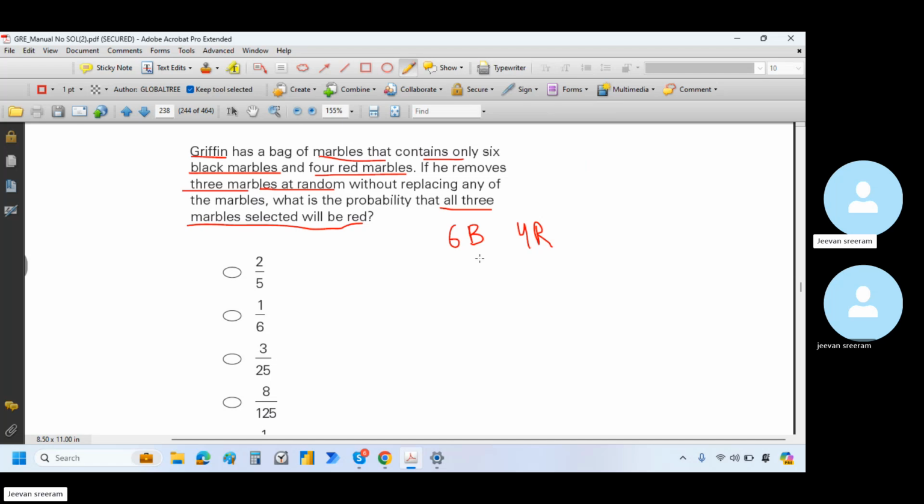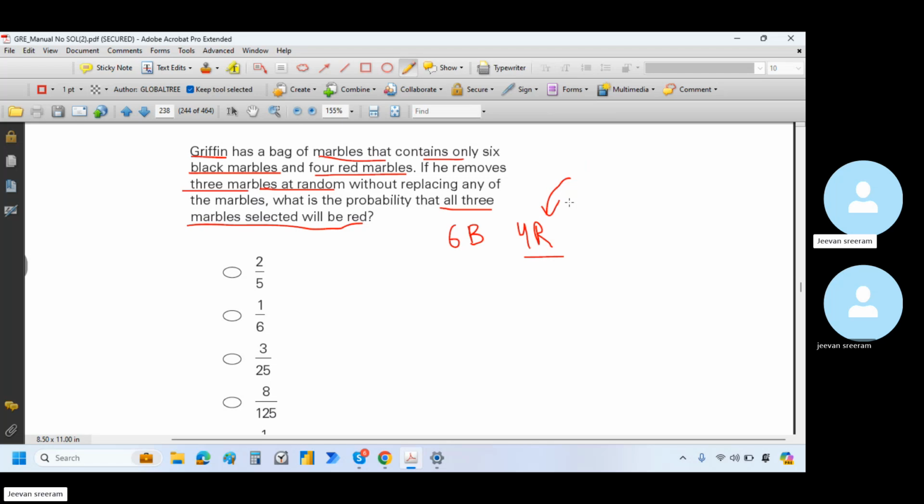What's the probability that all 3 marbles selected will be red? So the 3 must come from the 4 red marbles, from this group. The selected marbles must be red. So such 3 must come from the group of 4 red marbles.